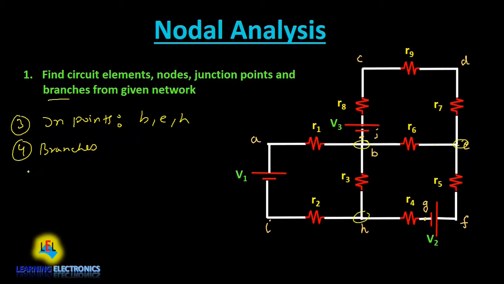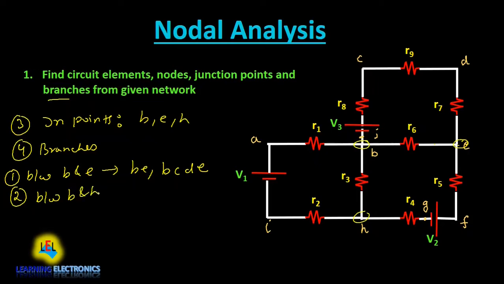Between B and E, BE is there and BCDE is there. This is not a branch because here one junction is coming. Second, between B and H we will take. Between B and H, BH is there and BAIH is there.